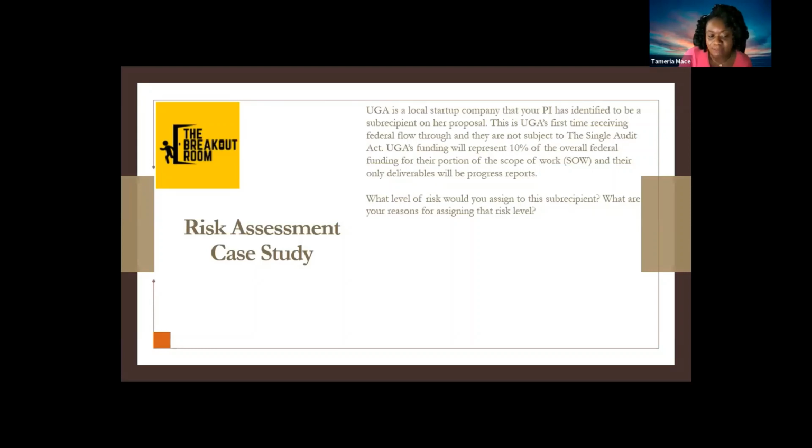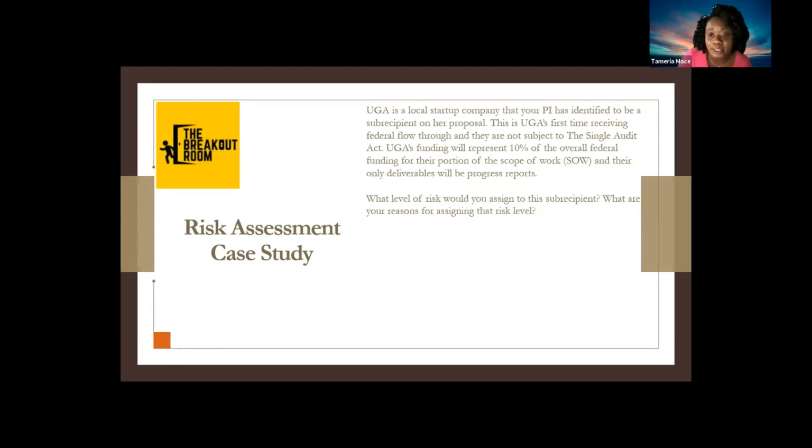So you also have to think about your institution and what your institution's appetite is for risk. What does your institution define as high risk, low risk? For this particular entity and my institution, they would definitely be medium risk.